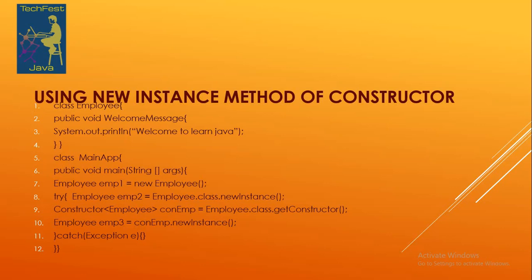We can see that easily in line number 9 and line number 10. These lines show the third way of creating an object in Java, using the newInstance method of Constructor.